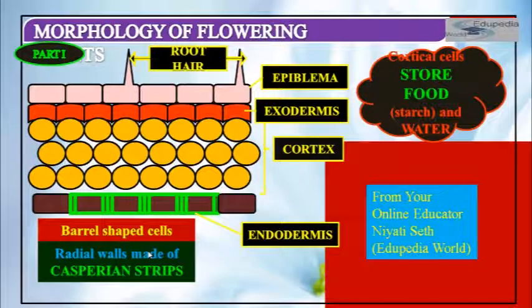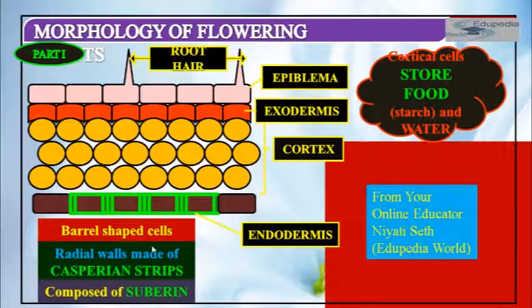They are formed by the deposition of a waxy substance called suberin, students. The Casparian thickening plays an important role in creating and maintaining a physical force called root pressure. So you can say that the Casparian band plays an important role in creating and maintaining root pressure, students.